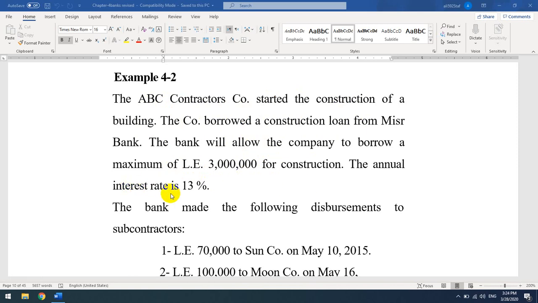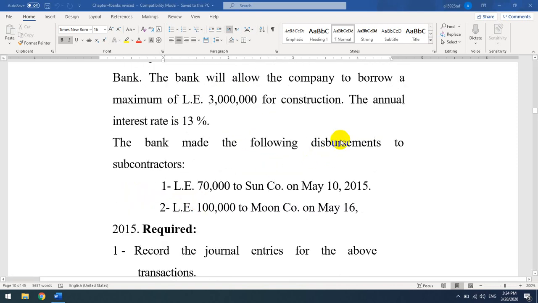The annual interest rate equals 13%, and the bank will pay subcontractors gradually. The first disbursement equals 70,000 to Sun Company on May 10th, and the second disbursement was 100,000 Egyptian pound on May 16.